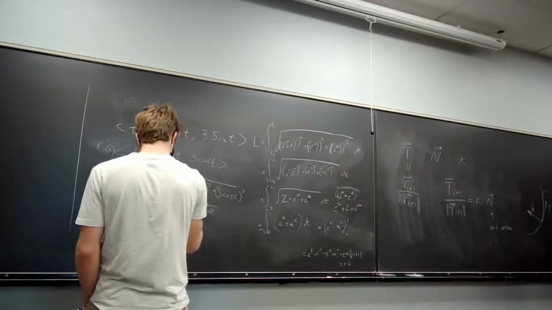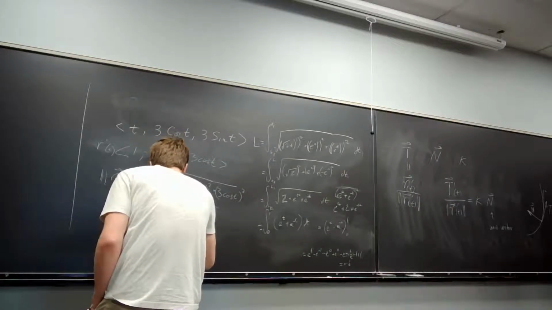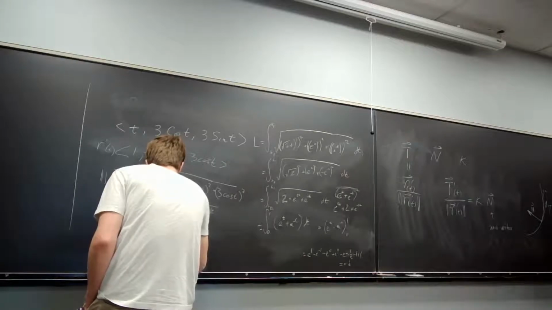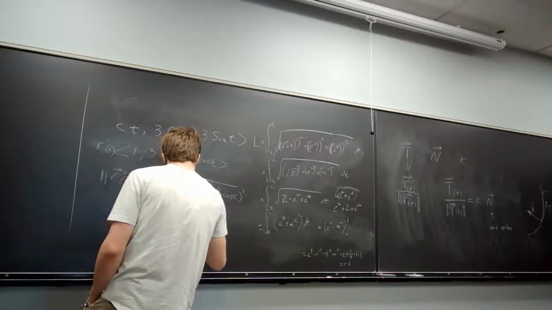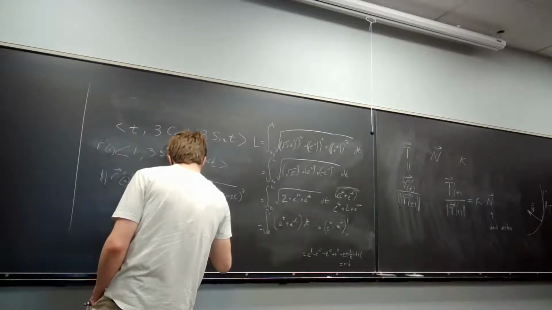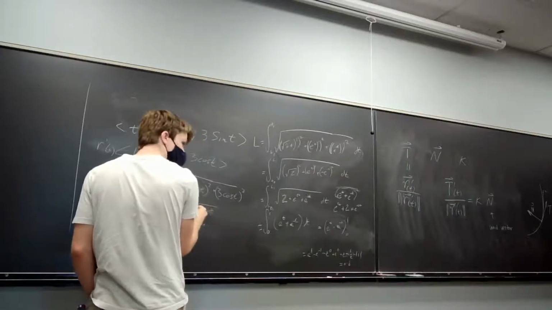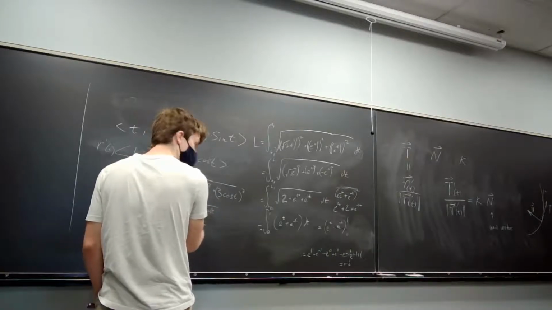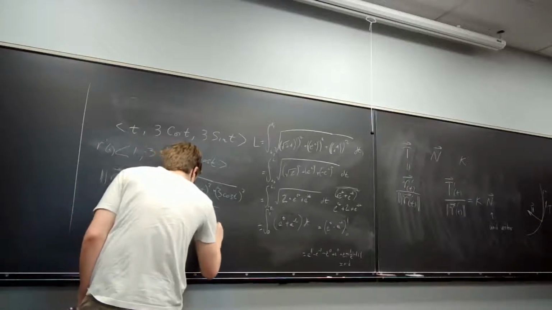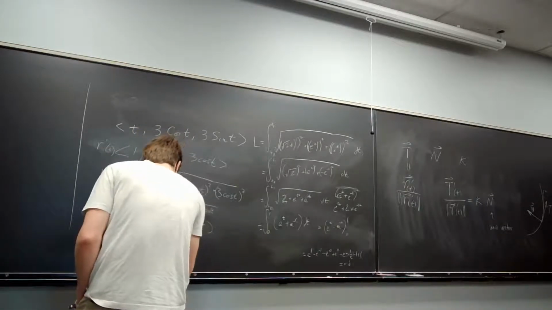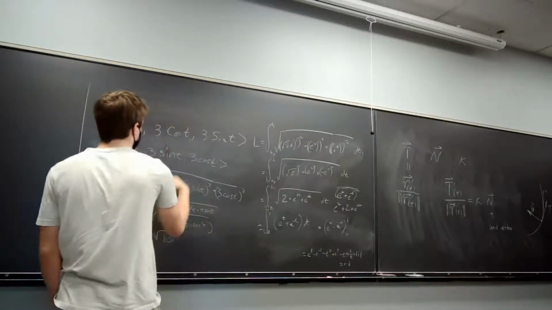And you can simplify that. You don't need to divide this by 9, you can just factor out 9. Yes, that's correct. Perfect. So that's your r prime norm.